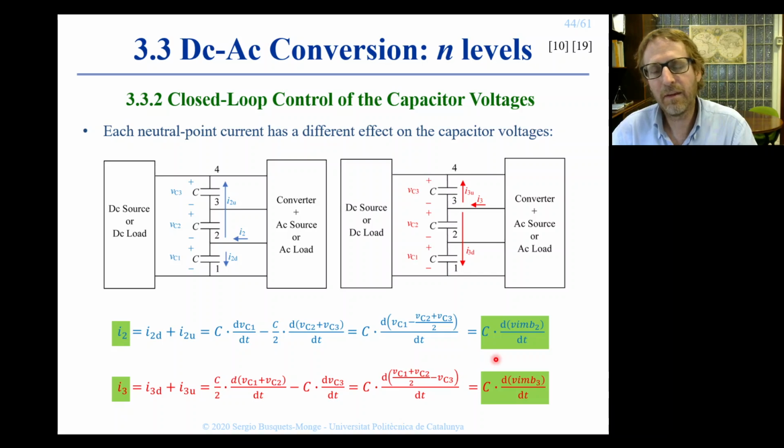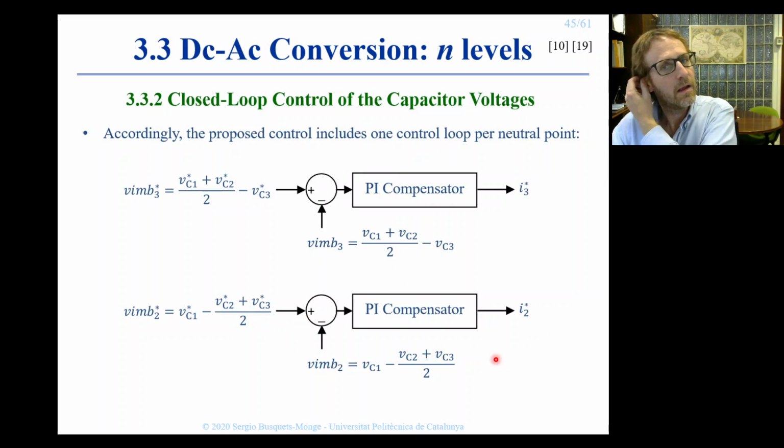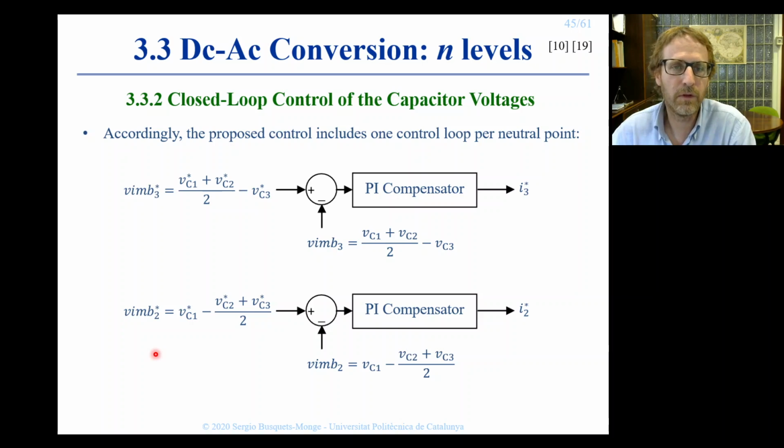From this analysis, we can then propose the closed loop control of the DC link capacitor voltages with two loops, one loop for each neutral point. Similarly to what we did for the 3-level case, but now since we have two neutral points, we will have to add two loops.